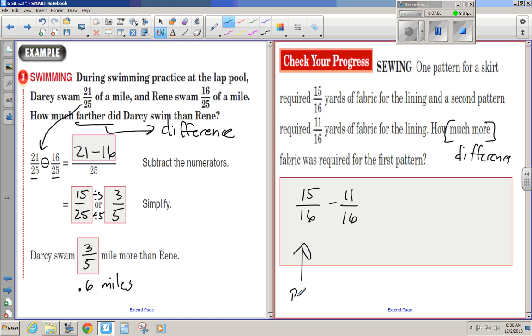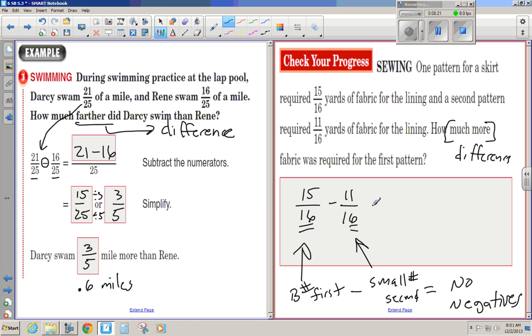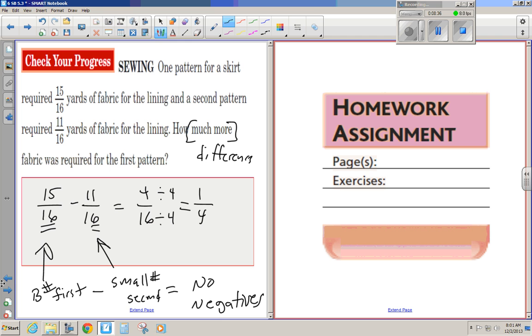Let me put this here. And the reason you do this is you end up with no negative numbers. So the difference, same denominator, just do the subtraction. That becomes 4/16. Both of those numbers can be divided by 4, which gives us 1/4.